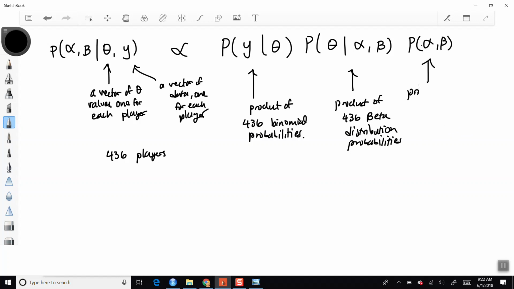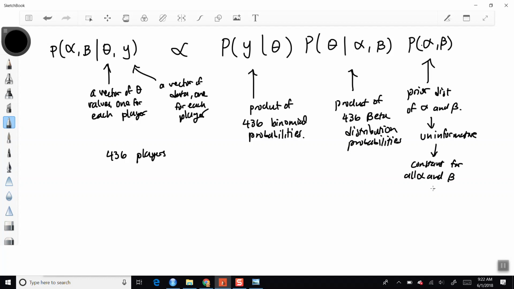So this is the prior distribution of alpha and beta, but we are going to use an uninformative one, which means it's just going to be a constant for all alpha and beta.